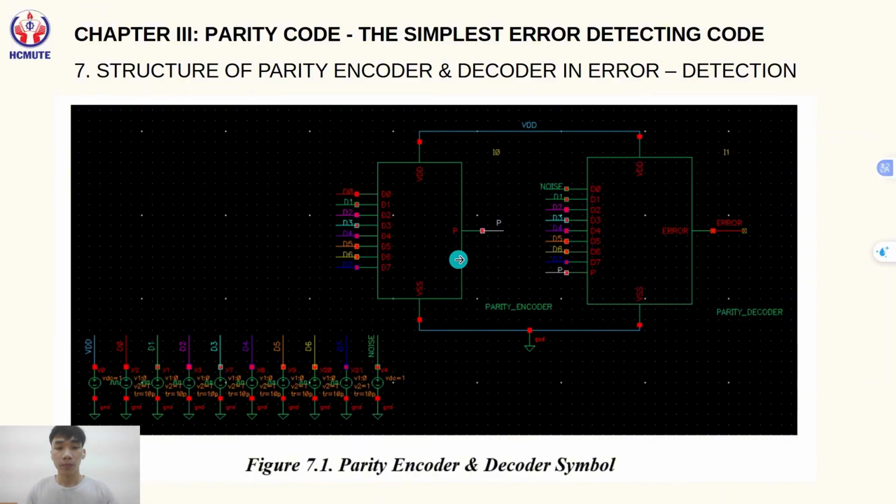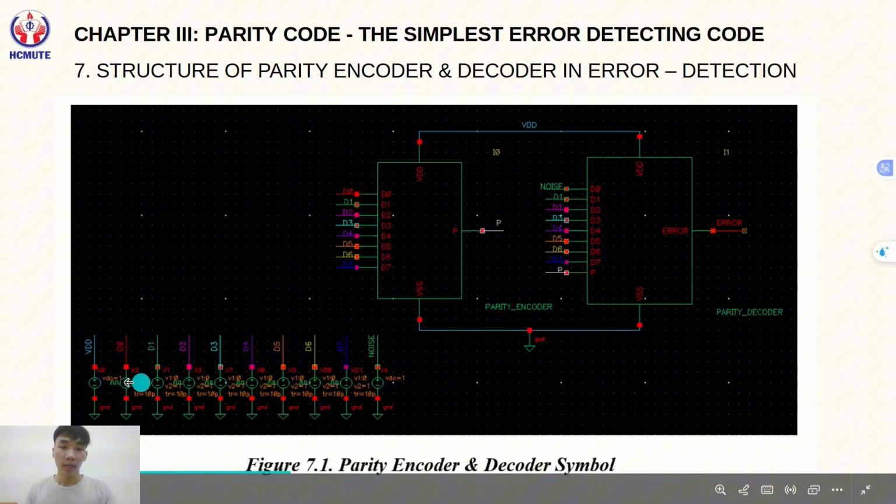to 0. And in the parity decoder block, the function receives 9 bits, including the data bits and 1 parity bit, to check for errors. To simulate a 1-bit error, a noise bit is added. D0 is altered during transmission through the decoder.